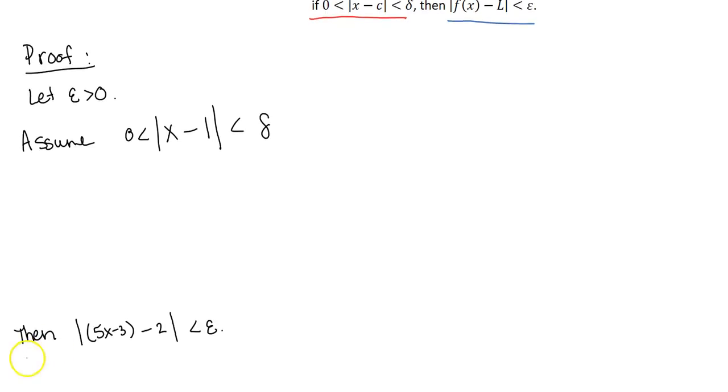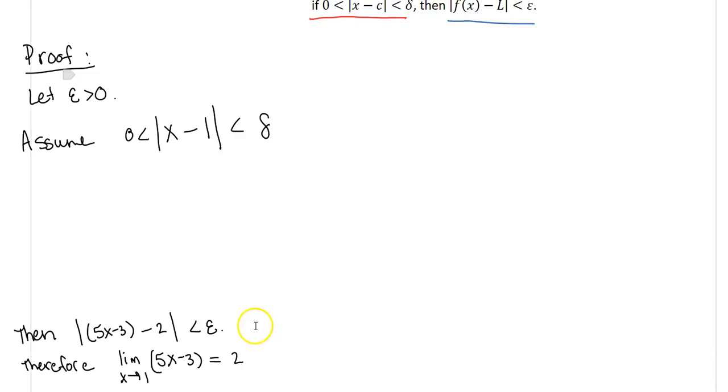And that's going to say that, therefore, according to the definition, the limit as x approaches 1 of 5x minus 3 equals 2. Okay, now you're looking at this and saying, why am I starting with my goal? We are kind of putting the cart before the horse a little bit, but we're going to do a little bit of background work and figure out what needs to go in the middle here.